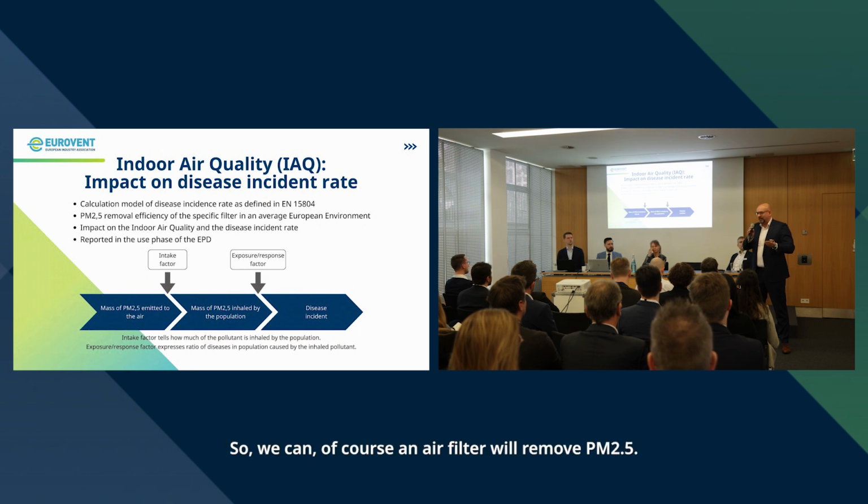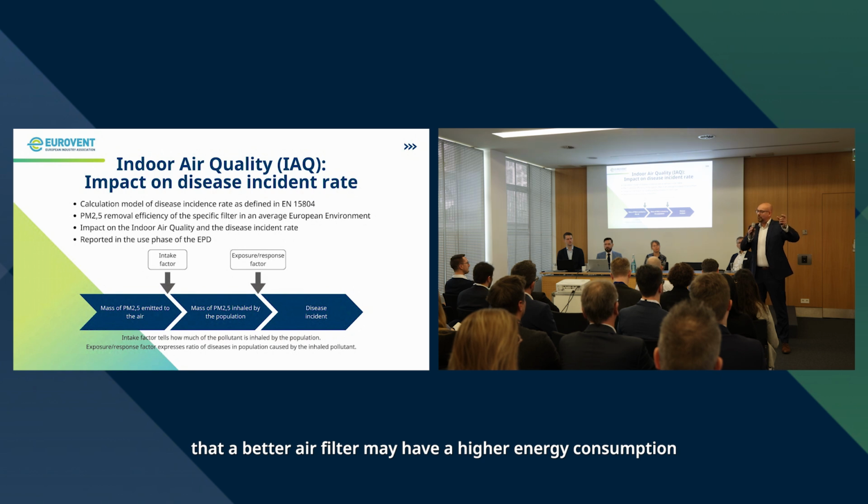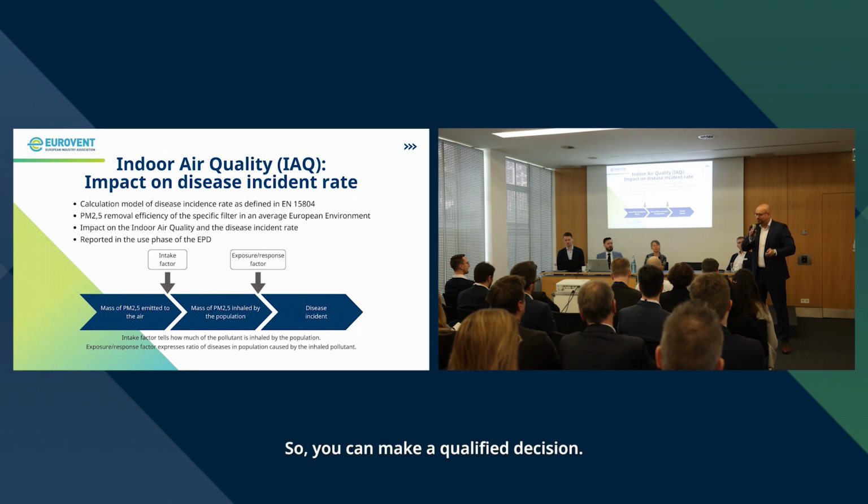So of course, an air filter will remove PM2.5. And as any air filter has a PM2.5 efficiency, you can easily calculate the impact and give it as a factor in the EPD. Which means, of course, a better air filter may have a higher energy consumption, but will have a higher PM2.5 efficiency. So you can make a qualified decision.